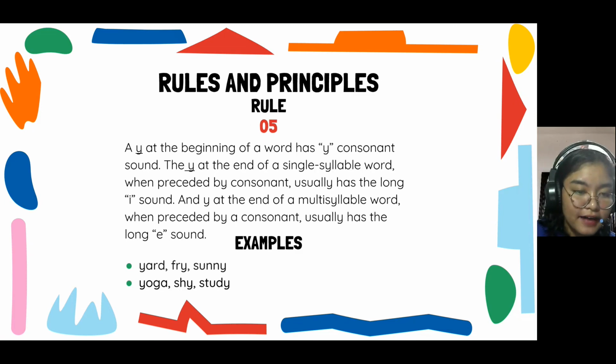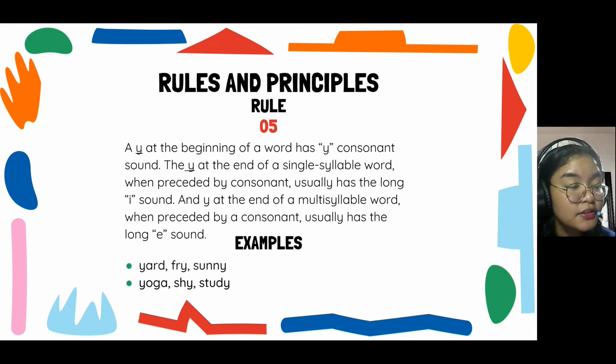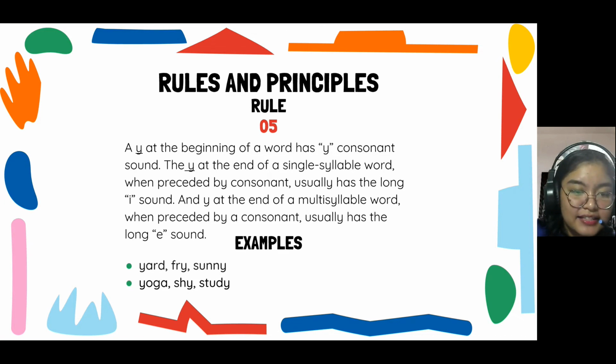Rule number 5. A Y at the beginning of the word has a yeah sound. The Y at the end of a single syllable word when preceded by a consonant usually has the long I sound, and Y at the end of a multisyllable word when preceded by a consonant usually has a long E sound.